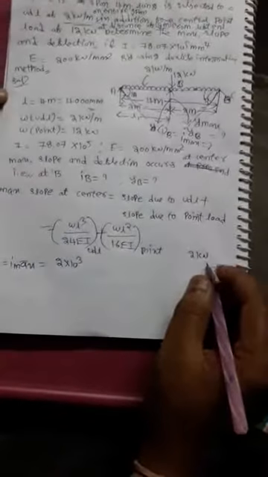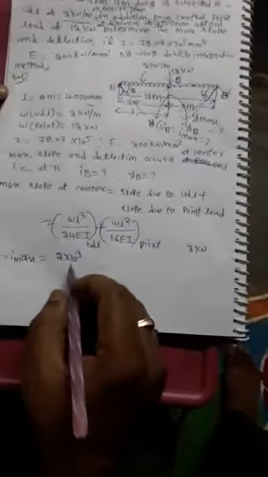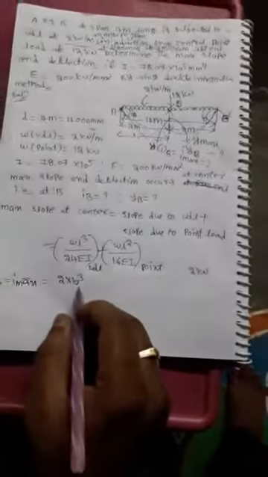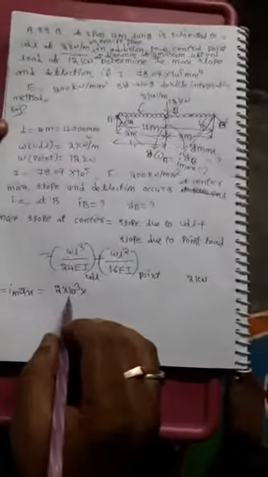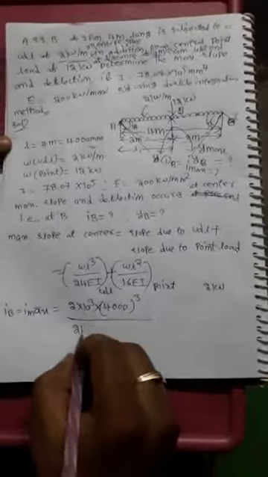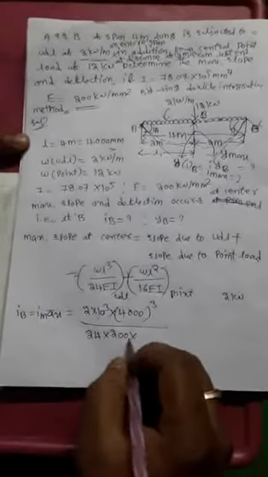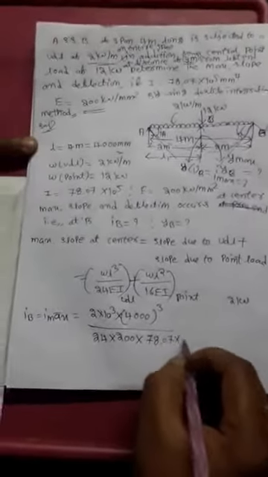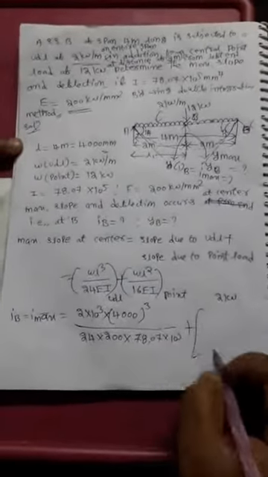L is 4 meters, which we substitute in mm, so 4000 whole cube by 24, with E equal to 200 and I equal to 78.07 into 10 to the power of 5.